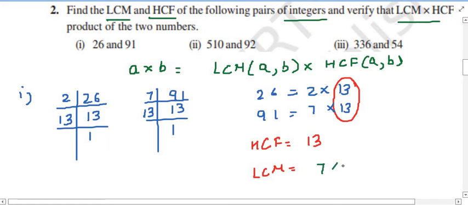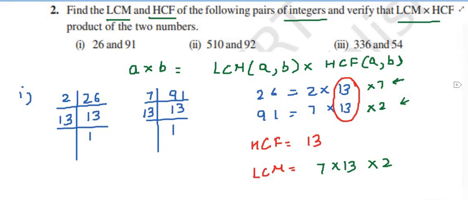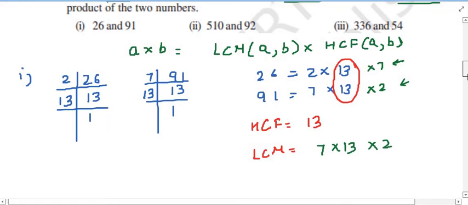So it's 7 times 13, and also we have to make the factors same, so it's multiplied with 2 and with 7. Observe, both of them have same factor, same multiples now. These are multiples now, 13 times 2. So this is how we find the LCM. So it's 7 times 13 times 2.